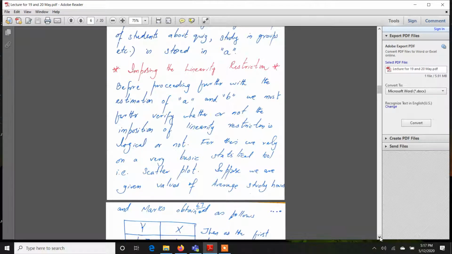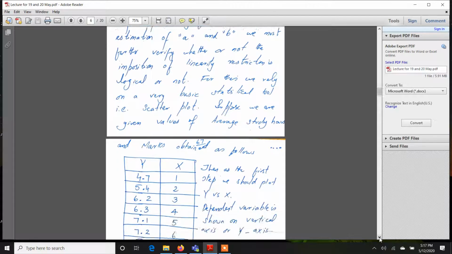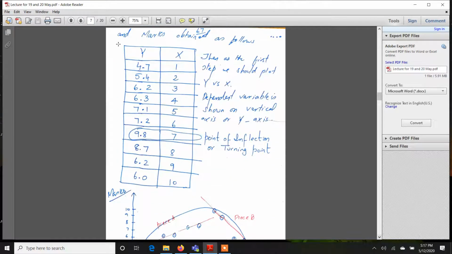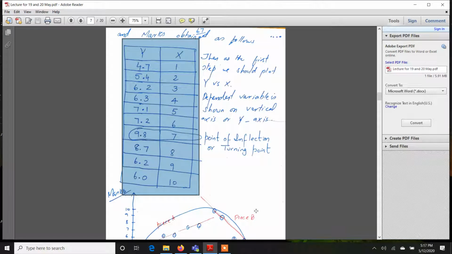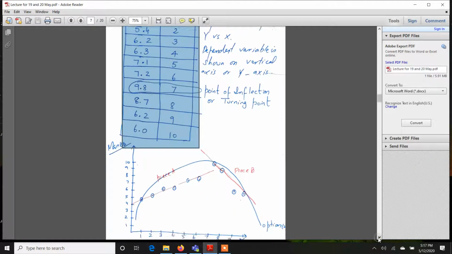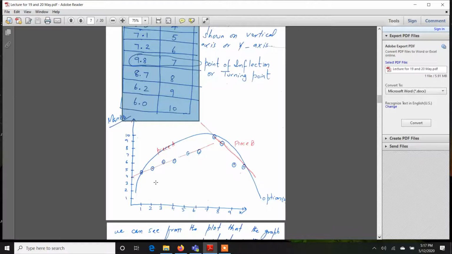Before I practically run the linear regression, let us check when we can impose the linearity restriction. If you are given any data, you always make a scatter plot of that data. For example, if we want to see whether this data is linear or not, I plot y versus x, where y is marks and x is the study hours.